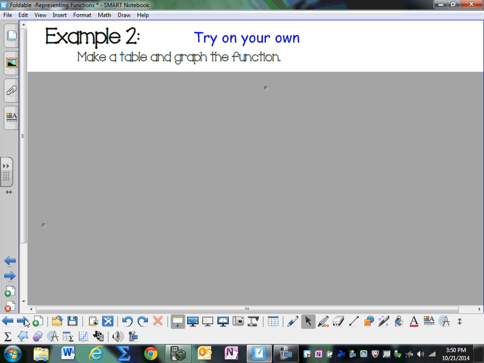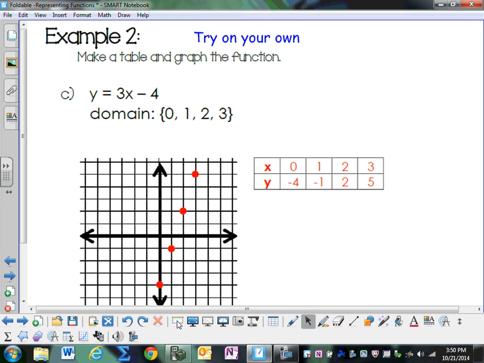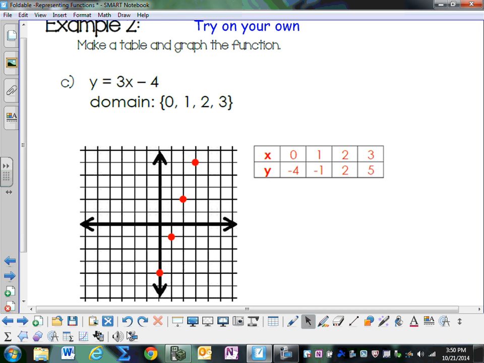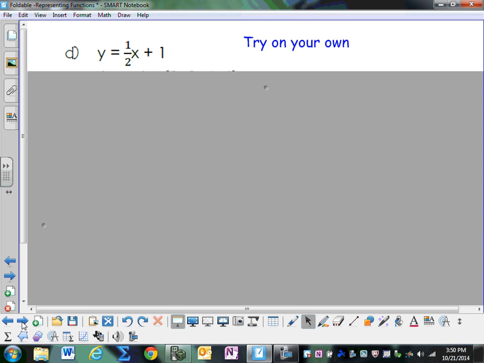Example 2, try on your own. D, try on your own.